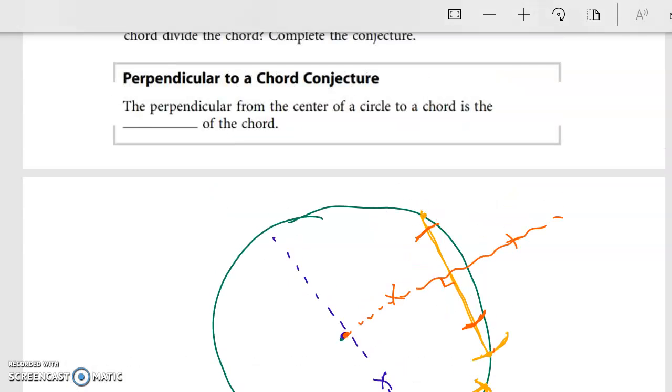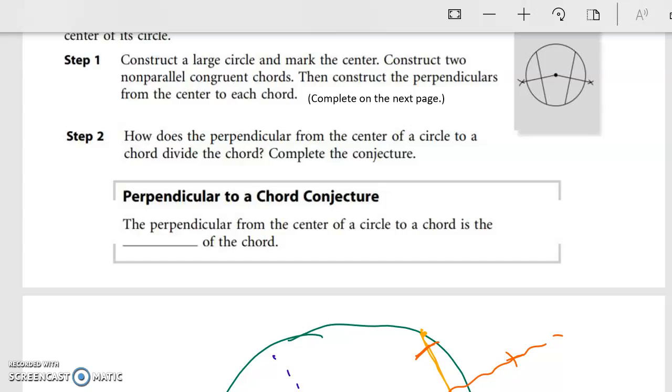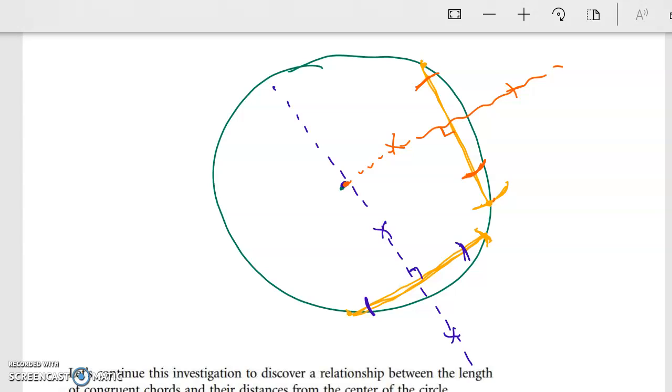So now what we want to do is ask: how does the perpendicular from the center of the circle to the chord divide the chord? So now we're going to look at the relationship. Now we have this point marked off here. We've intersected our chord, and it turns out that if you measure these or use your compass, this is actually the midpoint of the chord.